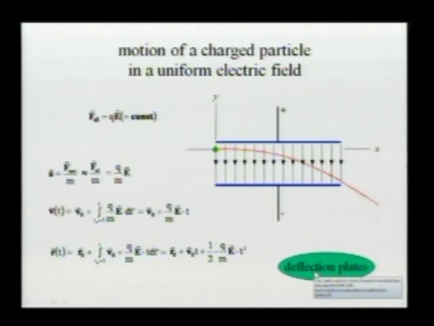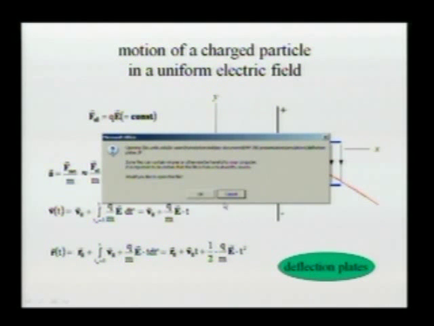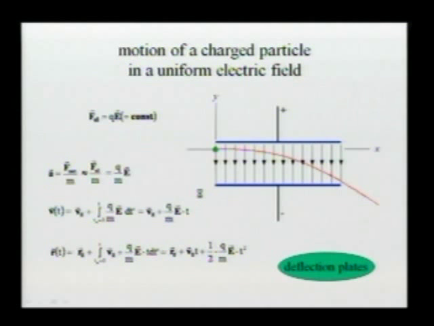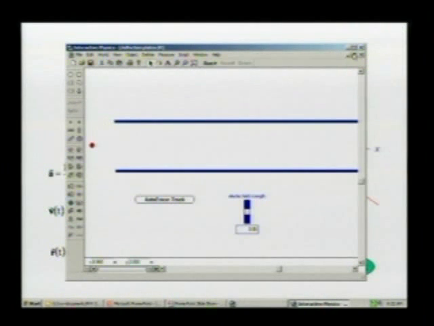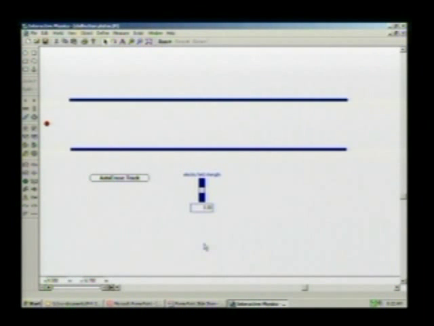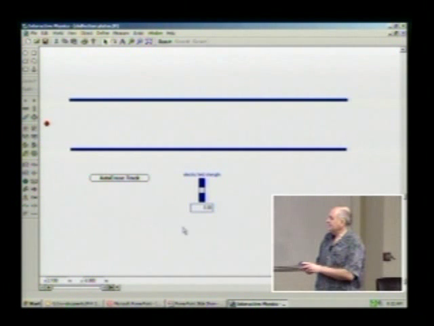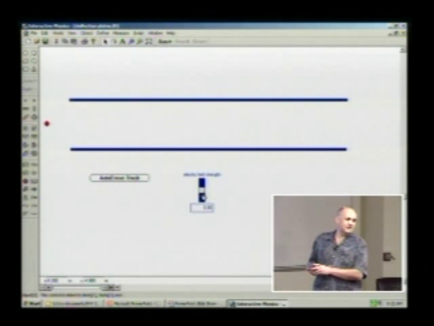I didn't actually test this, so I'm not sure if it is going to work, but I hope that it is. A simulation. Yes, it does. Okay. I have here a simulation in which I have two parallel plates, a charged particle, and I can control the field.